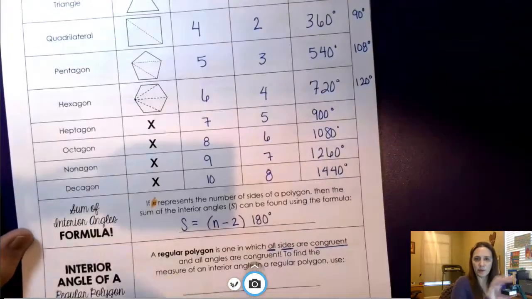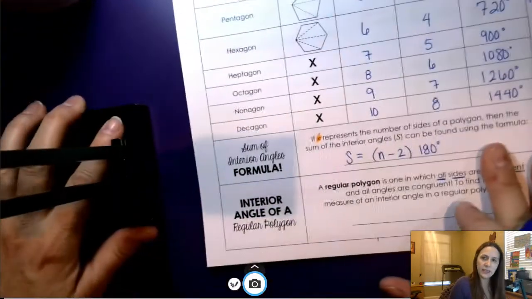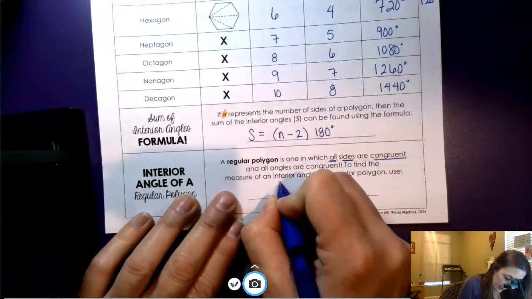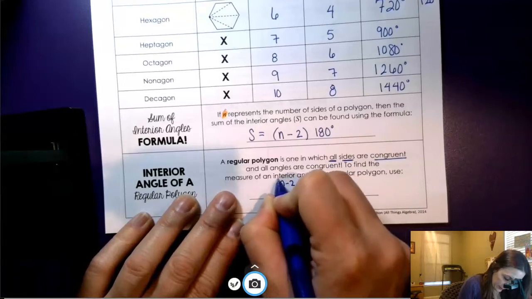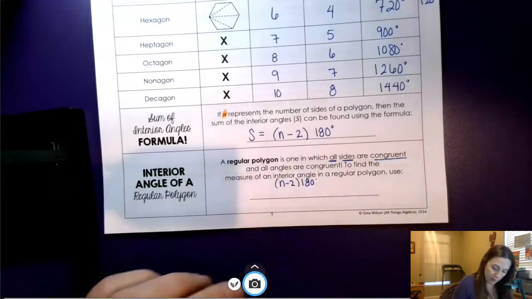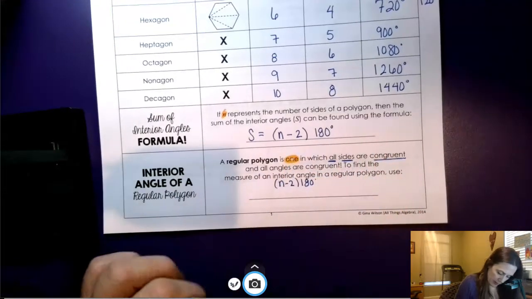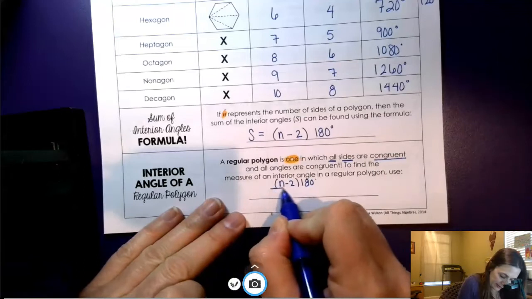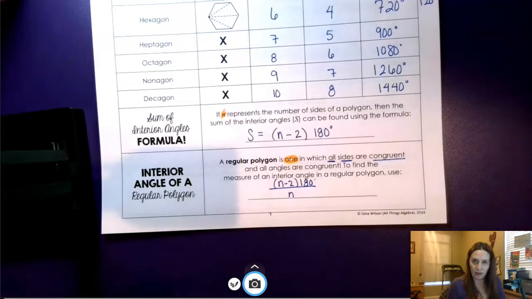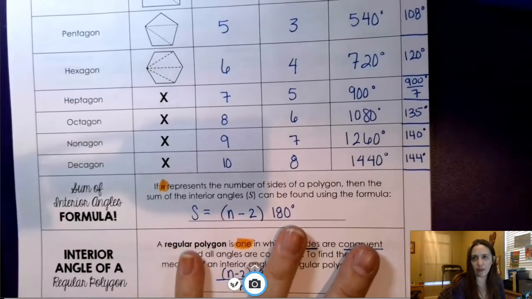So if I'm going to write this formula down here, I'm still going to use n minus 2 times 180, but now if I want to find a single angle, I'm going to divide this by that n. And that's going to give me one interior angle of any regular polygon. Okay, I'm going to pause and go to the next page. Before I go to the next page, I decided to fill out the rest of these on this side.